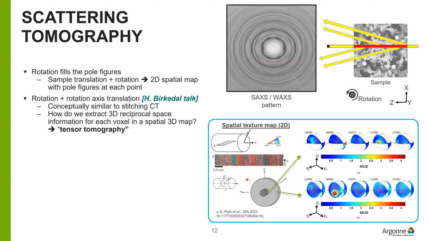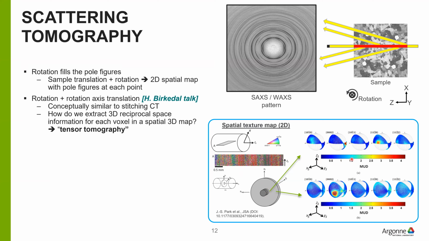If you make a sample that looks something like this and interrogate different points on the sample, similar to EBSD patterns, you can get pole figures for each point that describe the preferred orientation. And with this information, of course, you can go further and do a proper quantitative texture analysis.